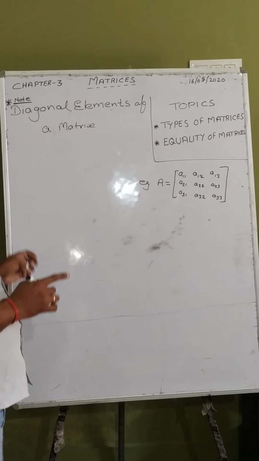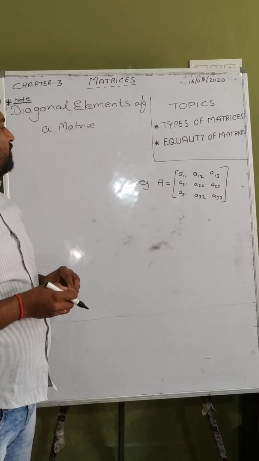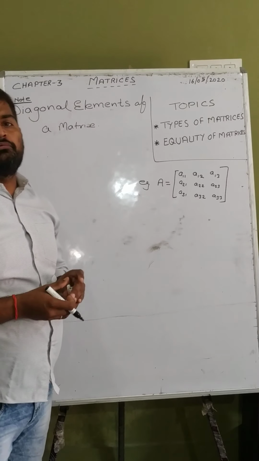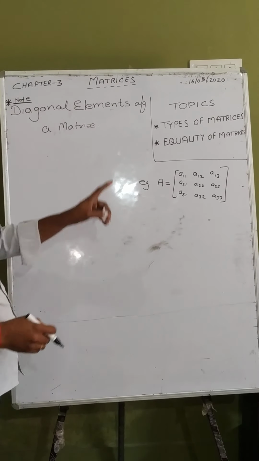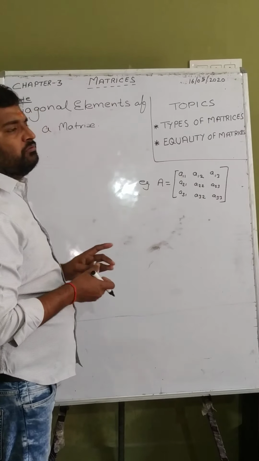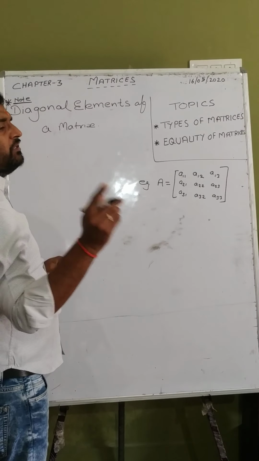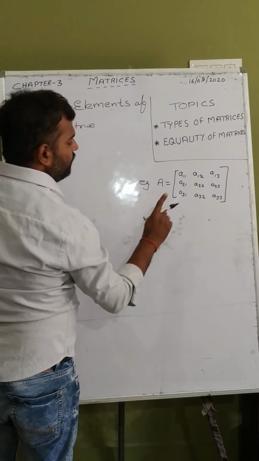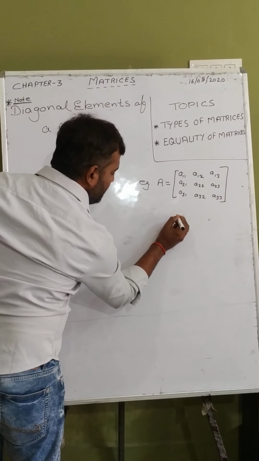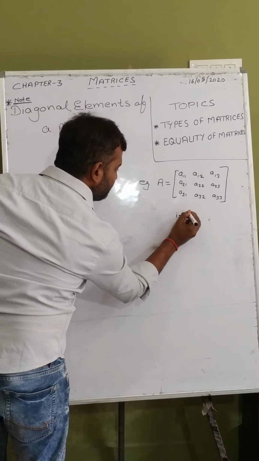The diagonal elements of a matrix are those elements of a given matrix for which i is equal to j.